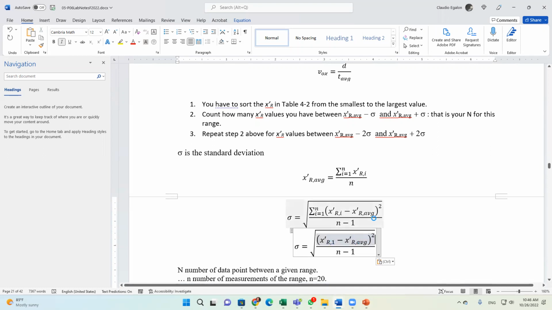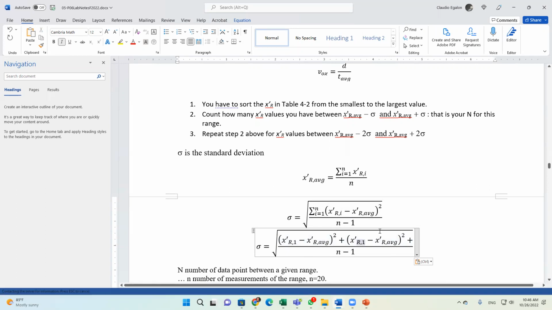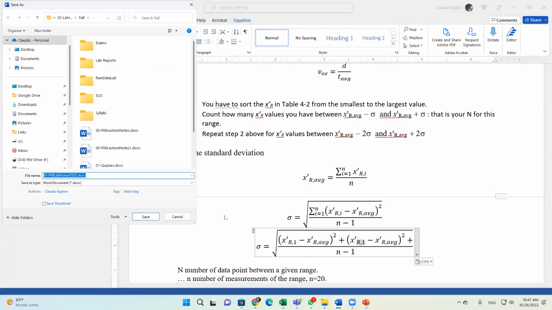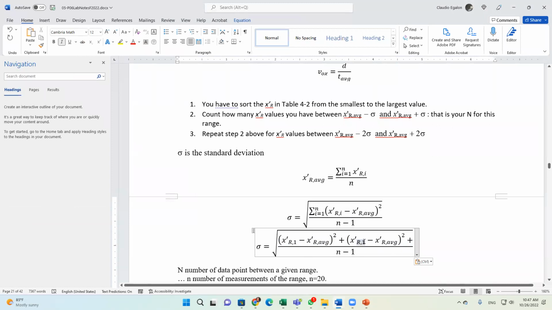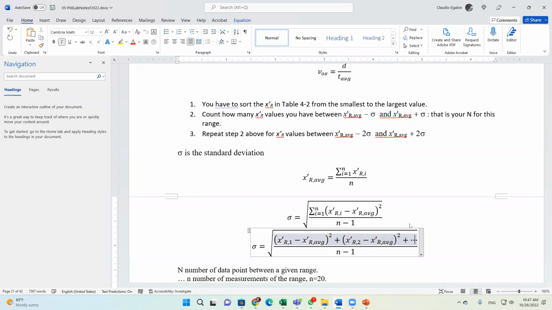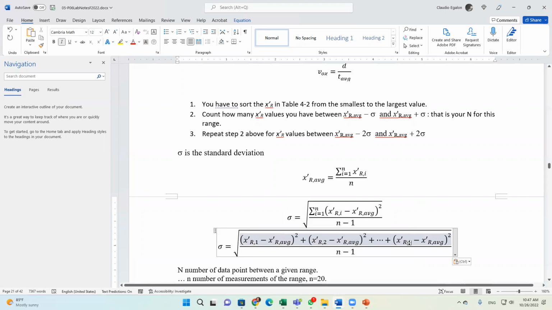You take the summation of all those values, 1, 2, 3, until 20.